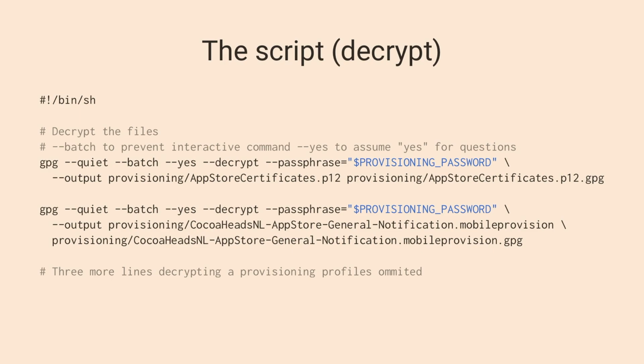If you run into issues, just ping me on Slack and I will help you, because it's one of those things: once you've done it once, every time it fails on you, you know what the problem is. So it takes the GPG file and turns it back into the P12 file, which of course has a password as well. And I do the same thing with my provisioning profiles. They're not too important to encrypt, I'd say, but well, it's good practice anyway.